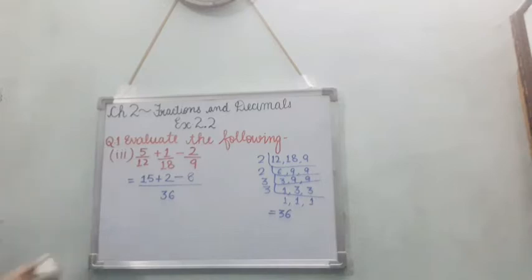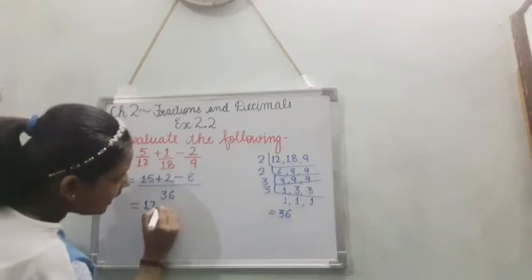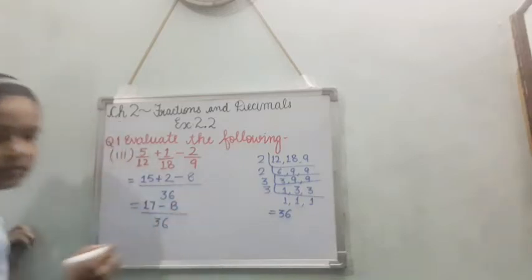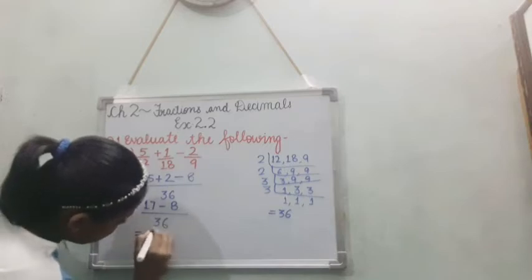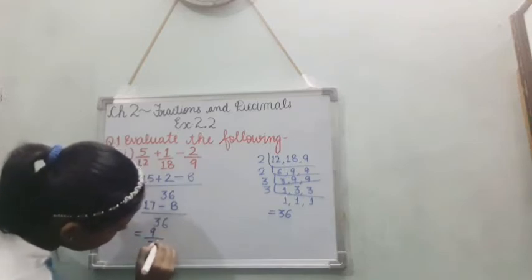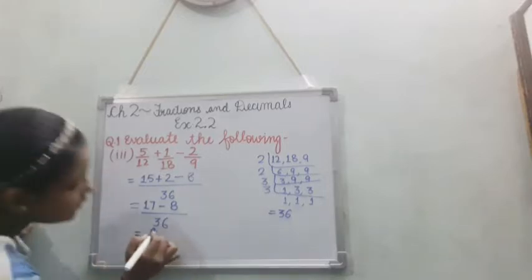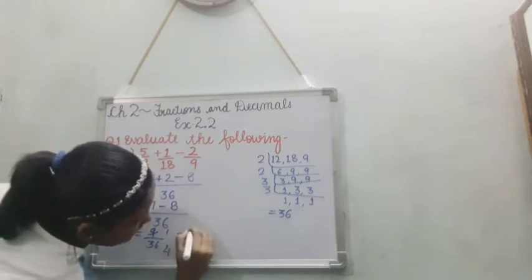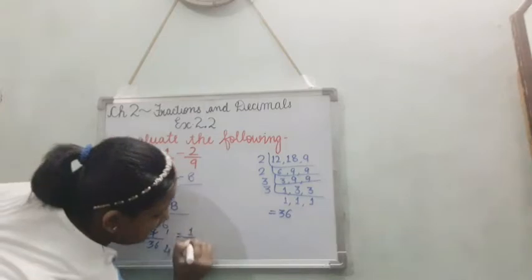Okay, let's see. 15 plus 2 is 17 and then minus 8 upon 36. So the answer will come 9 upon 36. Now this answer can be reduced. You can write it as 1 upon 4 and this is the answer.